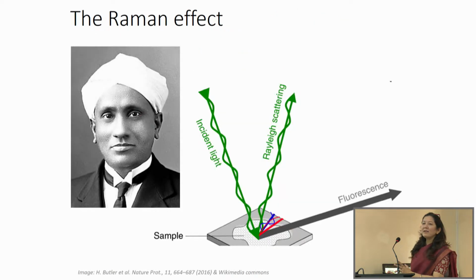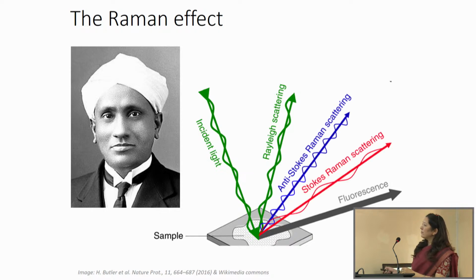Raman effect is a way to measure spin-phonon coupling. If incident light is put on a sample and it reflects the same wavelength, it is Rayleigh scattering. But if the wavelength is changed, it is Raman scattering: if the scattered wavelength is shorter, it is anti-Stokes, and if it is longer, it is Stokes.